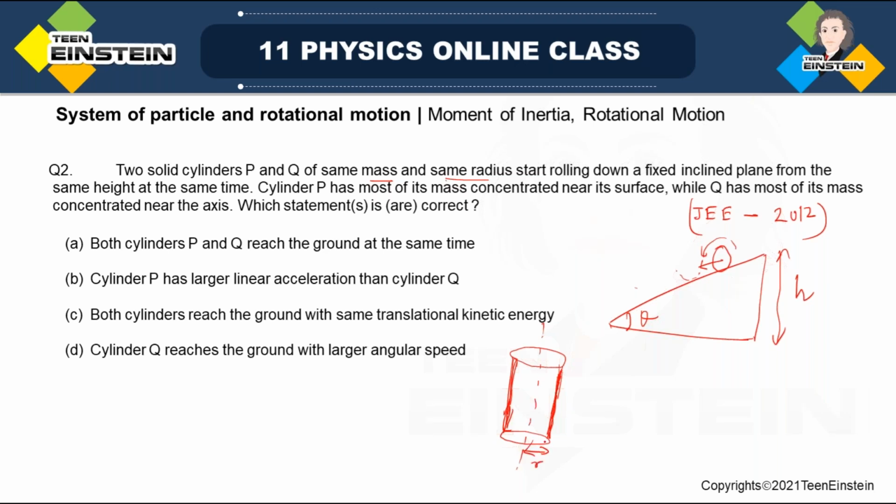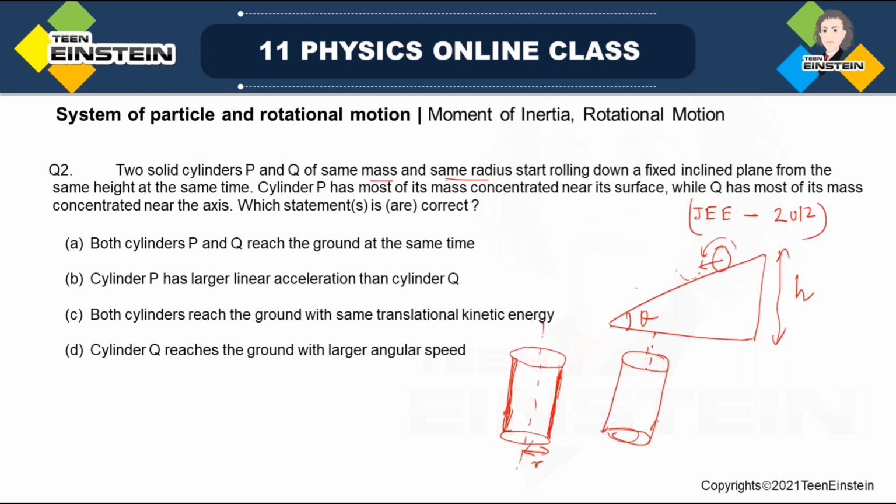Suppose this radius is smaller, and another cylinder. So this was with the P. Most of the mass is concentrated at the end or the surface. I have another cylinder Q, right? So this Q, they both have the same radius anyway.